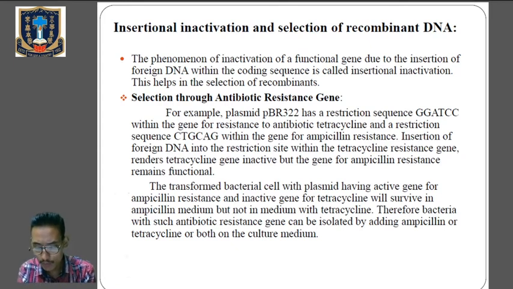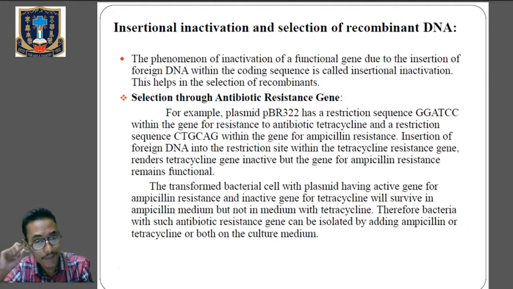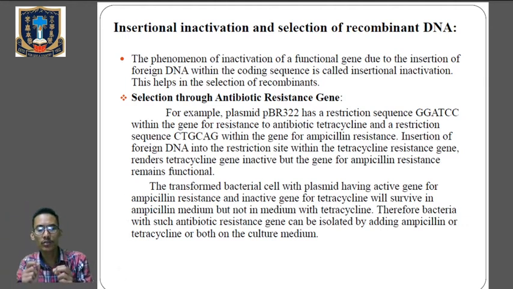So let's talk about the process. The first one is selection through the antibiotic resistant gene, on page number 587. Listen very carefully. So how can we differentiate between the recombinant DNA and the non-recombinant DNA by this technique? We are taking an example: plasmid vector pBR322.